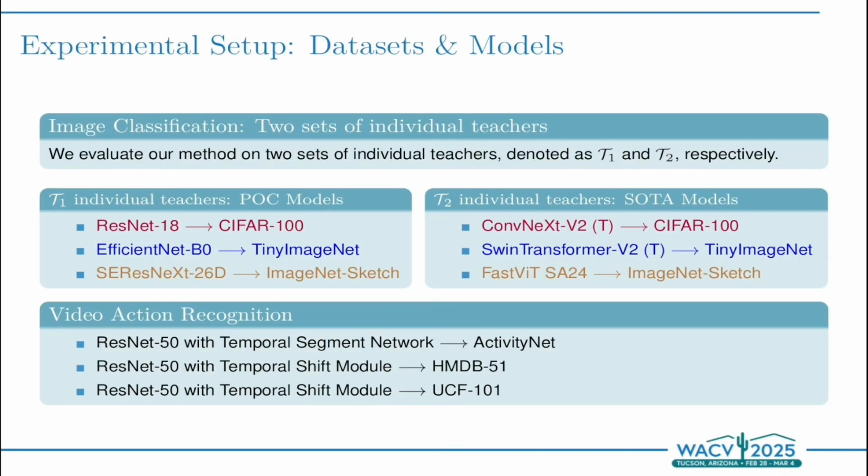We evaluate our method on 3 sets of models, 2 for image classification and 1 for video action recognition. We have T1, the set of POC models used for proof of concept experiments, and T2, which uses state-of-the-art architectures composed of modern convolutional networks, transformers, and hybrid models.